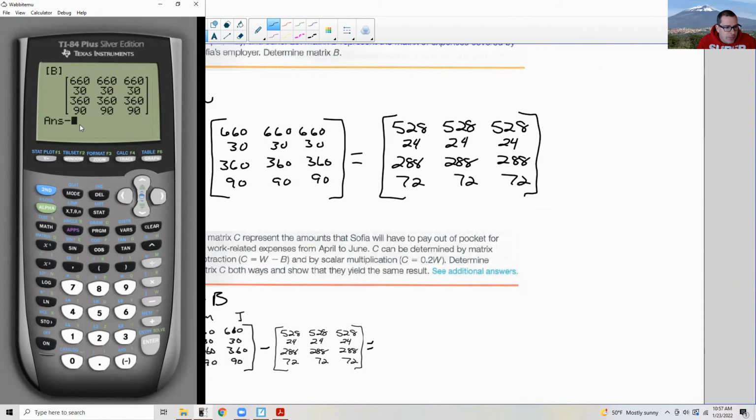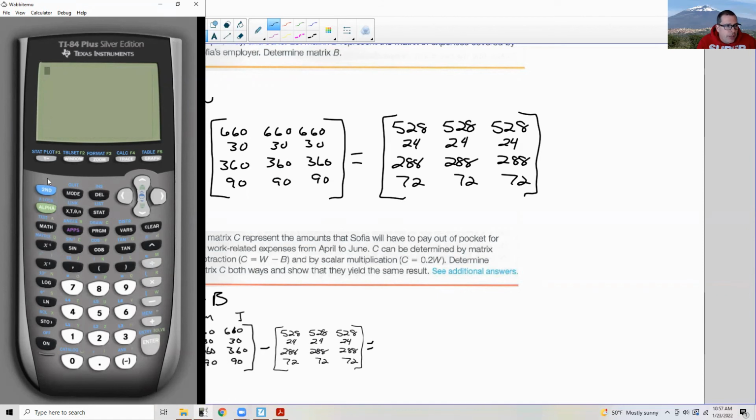So there's my matrix minus, and where was my 80% of W? Was it this one here? Second matrix 5. So what is E? I can't remember what E looked like. Let me clear this first. If I want to look at E, is it these values? No, it's not 528.